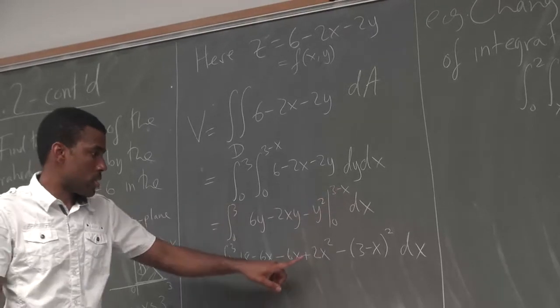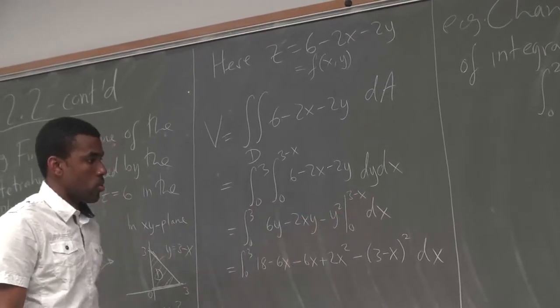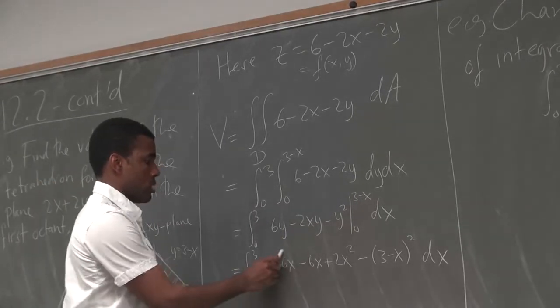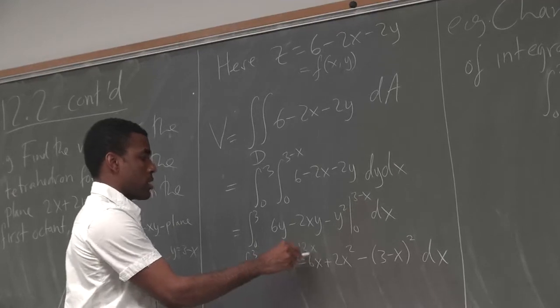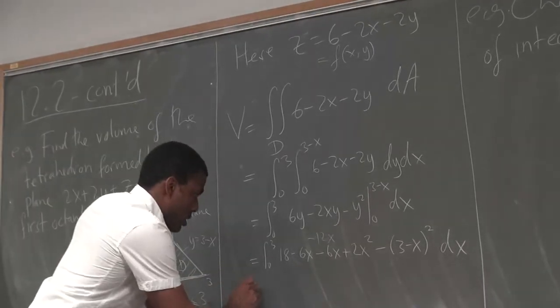Minus 2x times x gives me positive 2x squared. And then I plug in the 3 minus x into the y, so we have that. So this guy is minus 12x. So now we can integrate that.